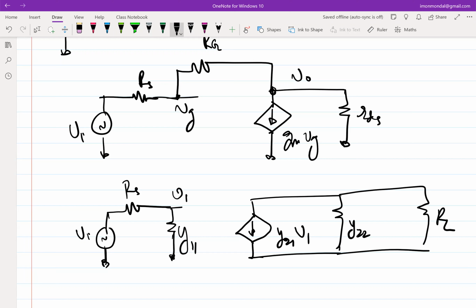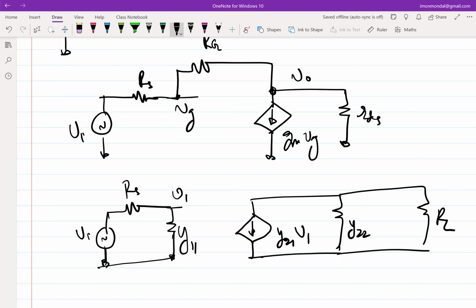So this was V1. So what was the constraint on Y11? We wanted it to be 0, and why? We wanted the entire VI to appear at V1. We didn't want to have any drop.